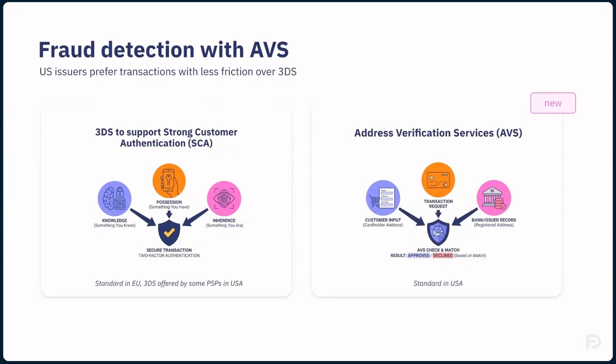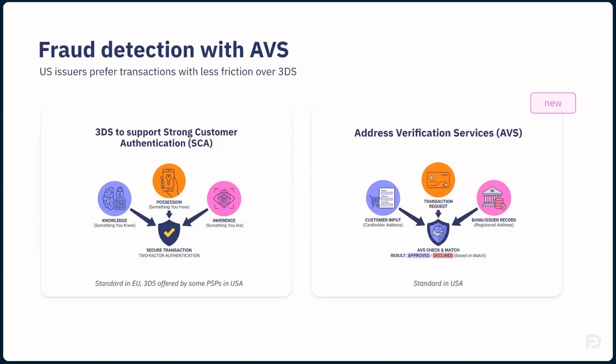In Europe, this is mostly done through 3DS, based on the strong customer authentication directive of the EU, part of EU law even, where it is said you need to have something you know, which is usually your bank account number, for instance, something you have, which is often a login, your bank account app on your phone specifically, and then something you are. So you need to be able to authenticate with this.